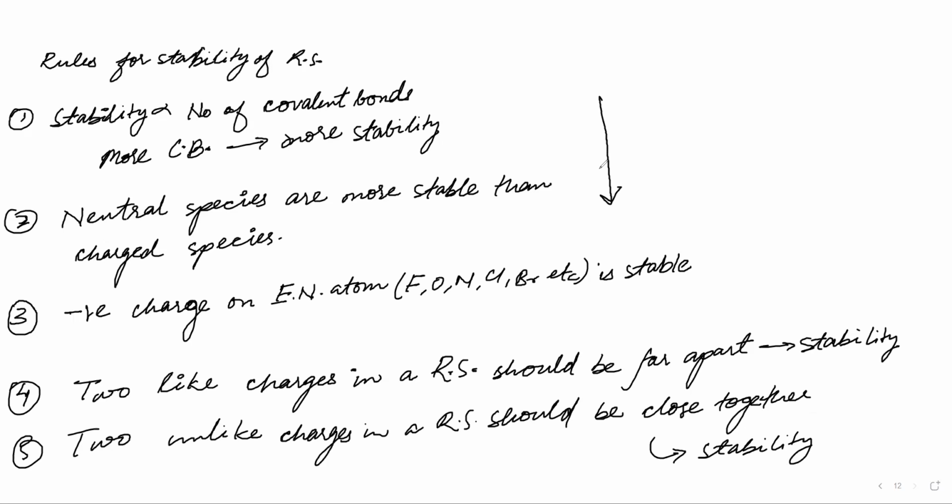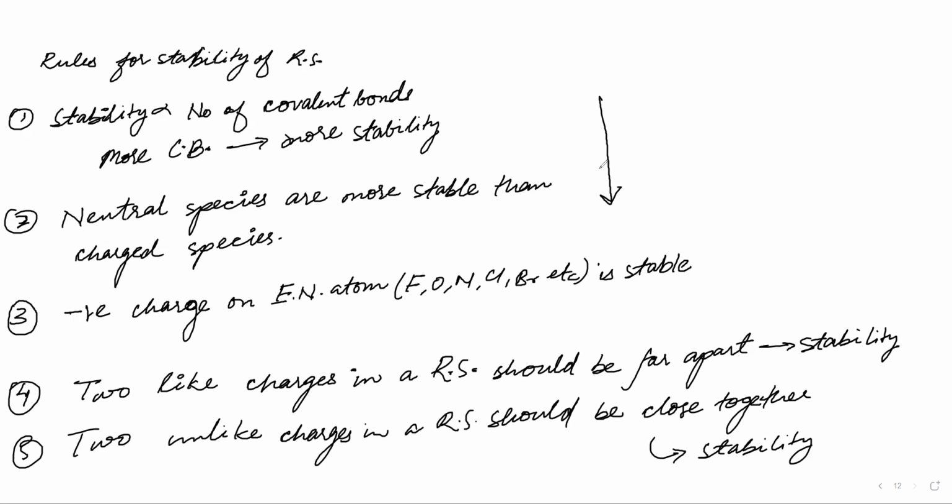The neutral one will be more stable. If both are neutral or both are charged, then you see where the negative charge is. The structure which has the negative charge on the electronegative atom is more stable, and the one which doesn't is less stable.